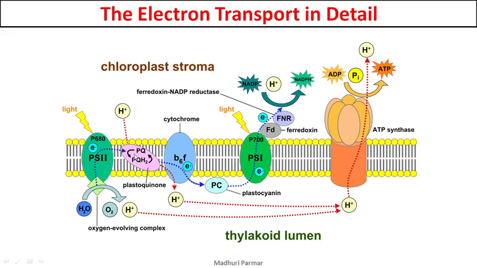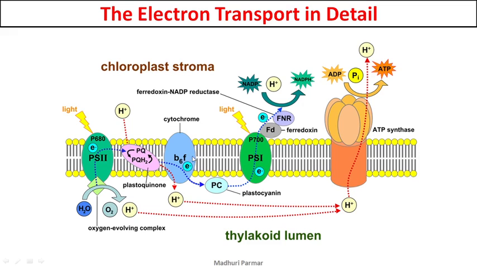Electrons are passed on to PQ, which is plastoquinone. As plastoquinone accepts an electron, it also accepts protons, so it becomes PQ to PQH2, reduced plastoquinone. Reduced plastoquinone, as you can see, is taking up H plus from outside, from the chloroplast stroma. It will give this electron to the next, which is cytochrome B6F. As it donates its electron, it also releases the protons, and becomes PQ again, the oxidized state of plastoquinone.